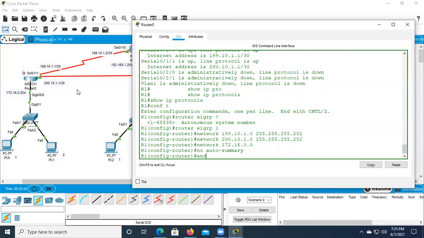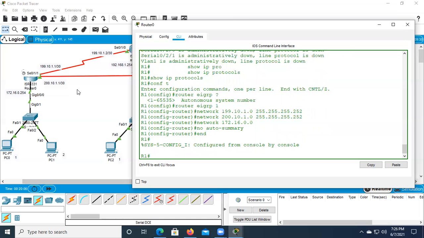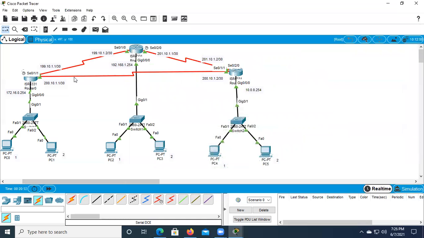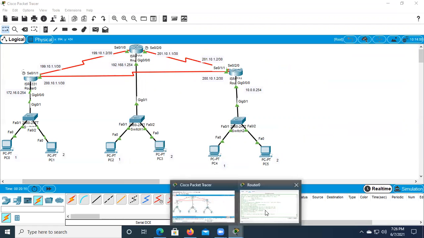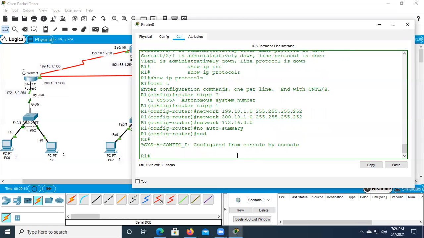If you do auto summary, you will have some issues because there is a class C. Maybe if the neighbors are using networks from the same 200 range, when you do auto summary and your networks are so huge, unnecessarily packets will be dropped to router 1.